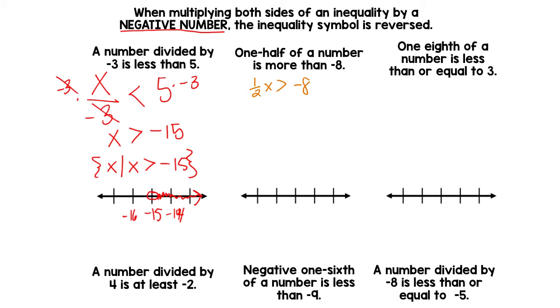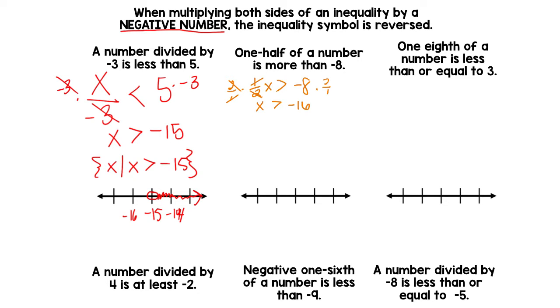Opposite of multiplying by 1/2 is multiplying by the reciprocal, which is 2/1. So 2's cancel, 1's cancel. All we have left is x. Then we're multiplying this time by a positive, so our inequality sign stays the same. And -8 times 2 is -16.